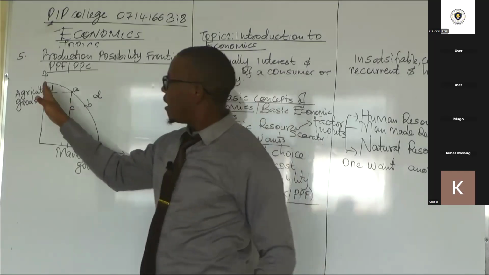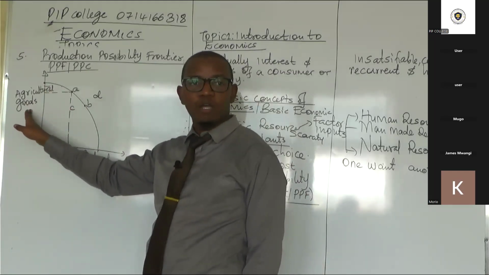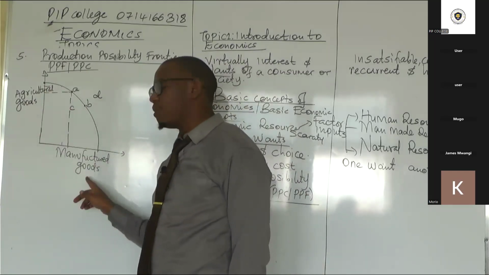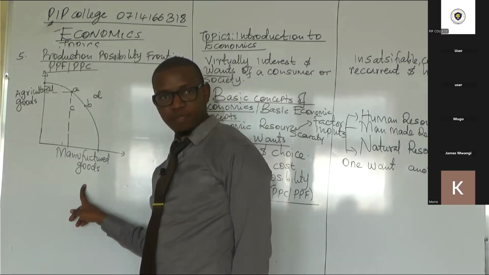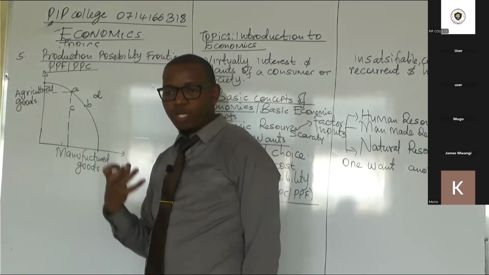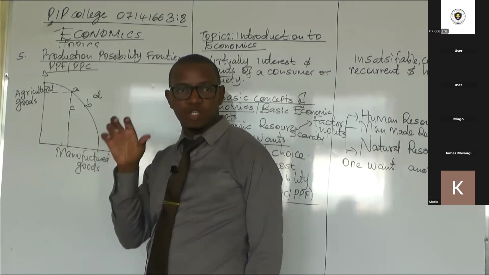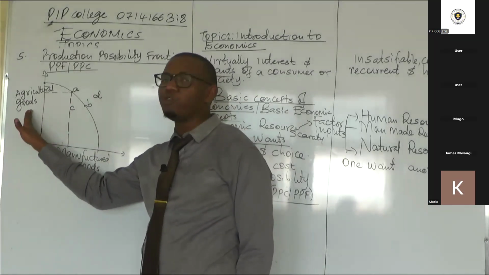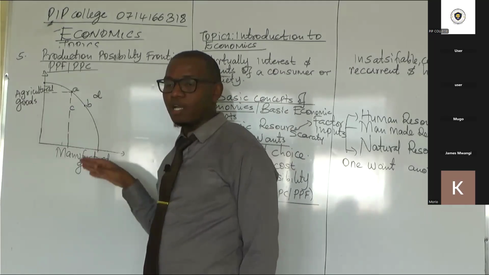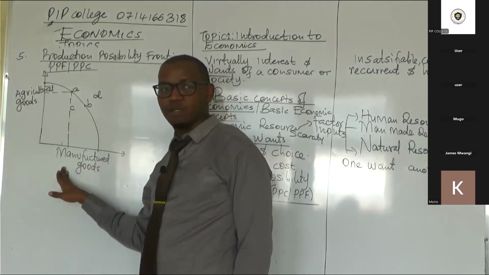Here we are talking about the agricultural goods and the manufactured goods. What I want to explain is on production, when you want to produce the agricultural goods and the manufactured goods.